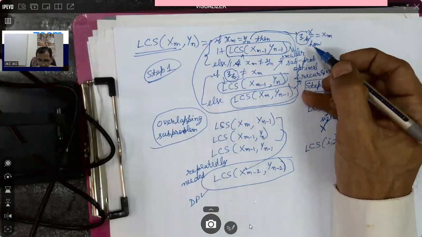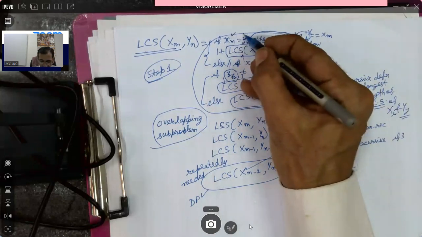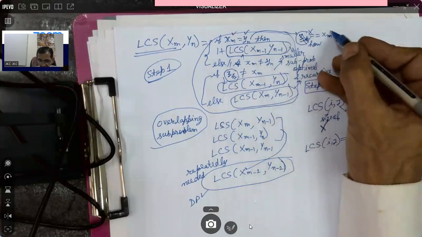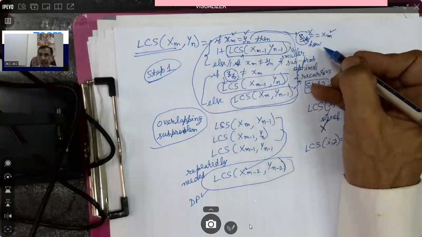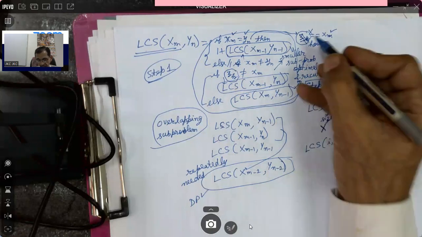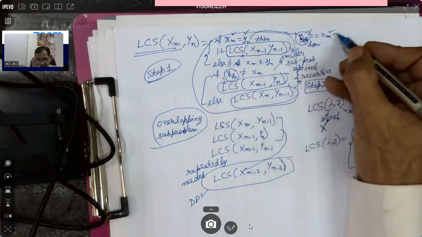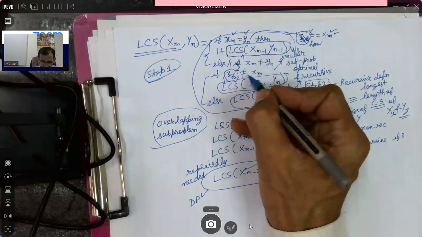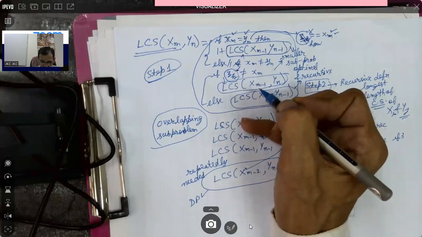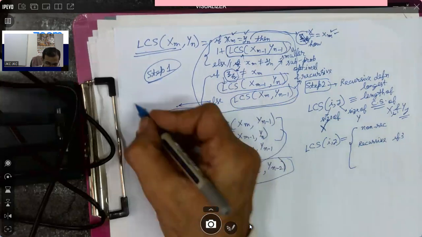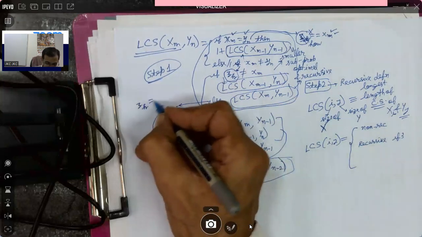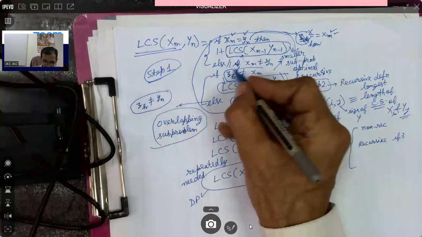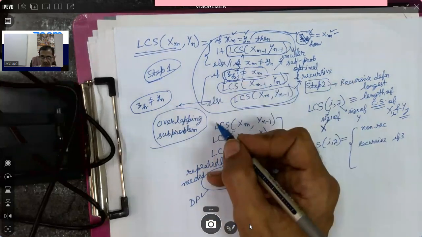If Zk is not known, with no special powers, how will I solve it? If I know Xm and Yn are equal, I can guaranteedly say Zk is nothing but Xm, so I can remove it directly. But in this case, Zk is not equal to Xm, or Zk is not equal to Yn, and Zk is needed to decide this.